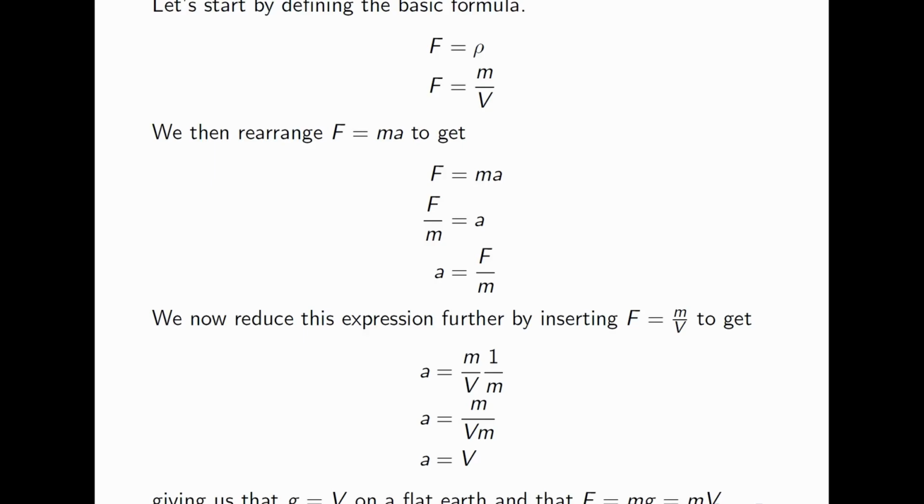That is, the acceleration is equal to mass divided by volume times mass. Basically saying that on a flat Earth, the gravitational acceleration, a in this case but g, is the volume.